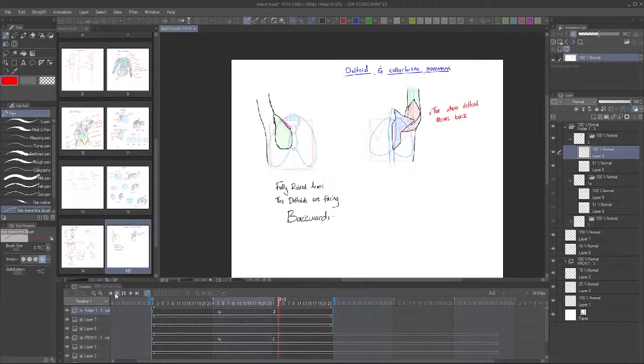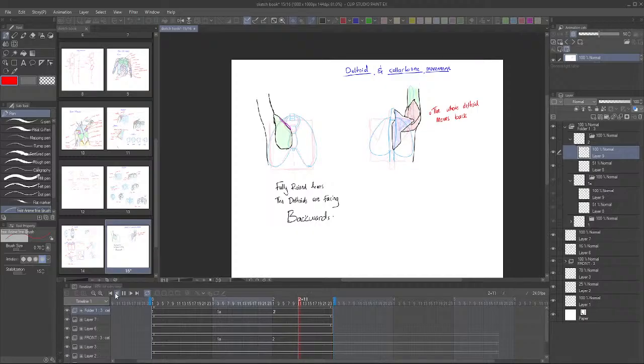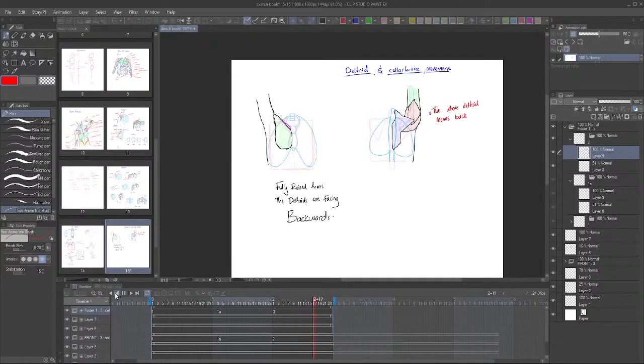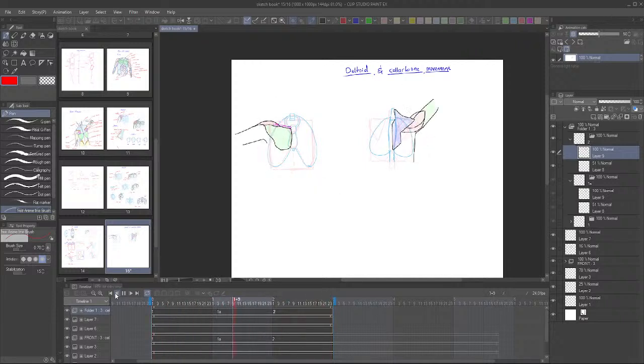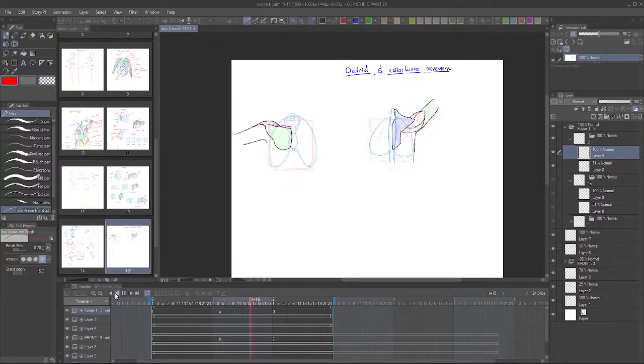Because if you're going to be a great animator, or a key animator, you need to be very, very good in anatomy. Because you'll be creating poses that maybe you don't have references for, but if you have the basic understanding of how things work, it's going to be easier for you.